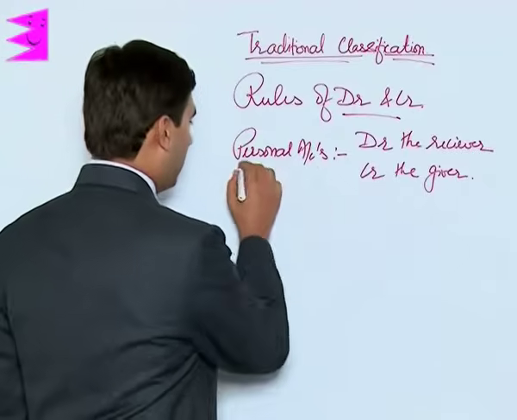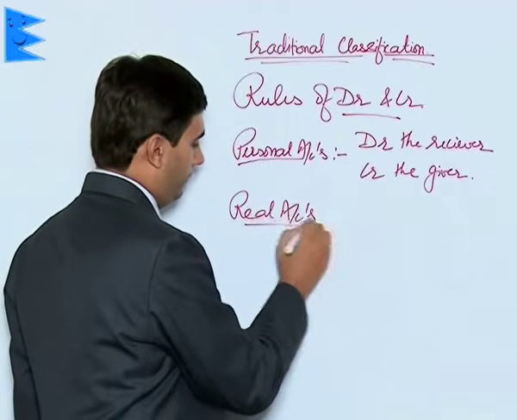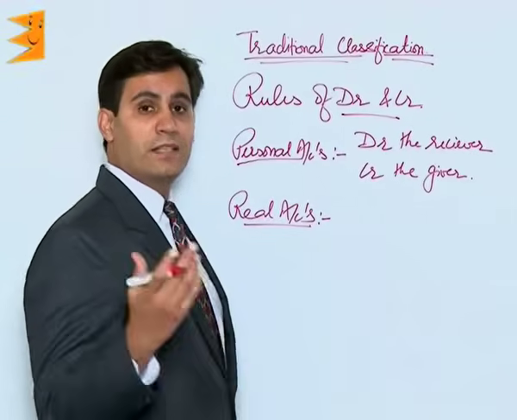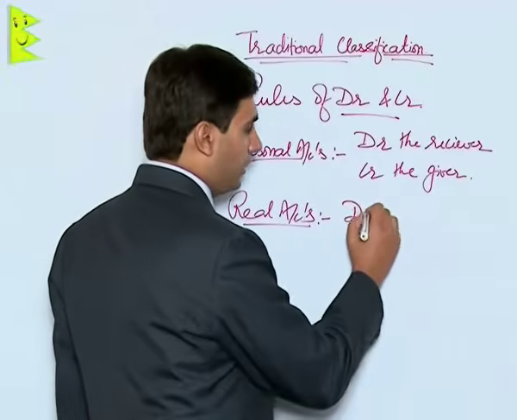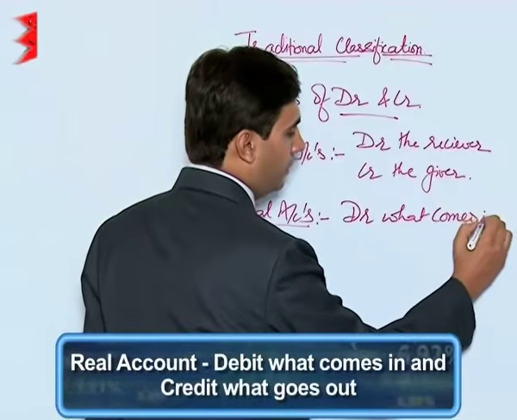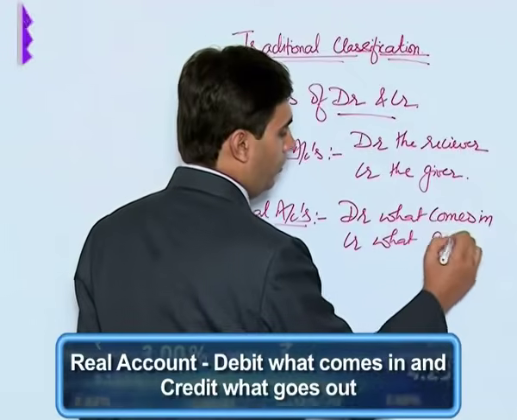Coming to real accounts. Real accounts are accounts which are related to assets. So either assets come in or go out. So the rules are based as debit what comes in and credit what goes out.